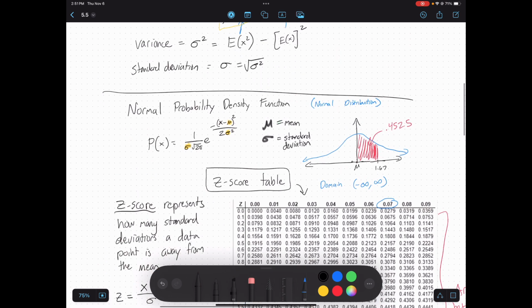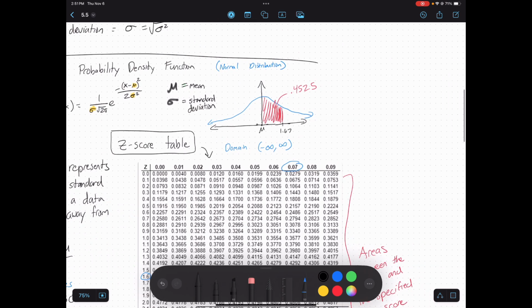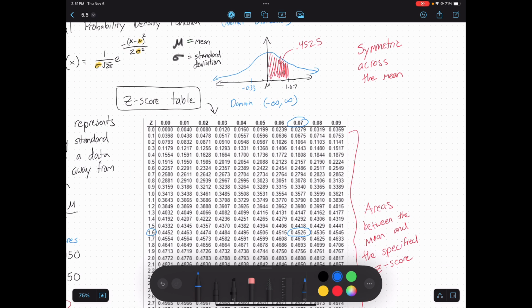Well, an important property that the normal distribution has is that it is symmetric across the mean. Meaning the areas on the left side of the mean are the exact same as the areas on the right side of the mean. So if I want to figure out an area for this z-score of negative 0.33, I can instead just look at the area for positive 0.33.